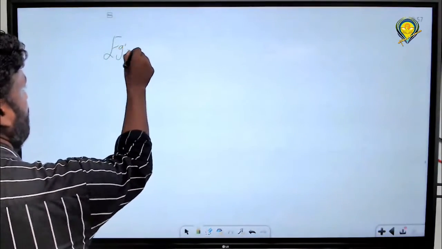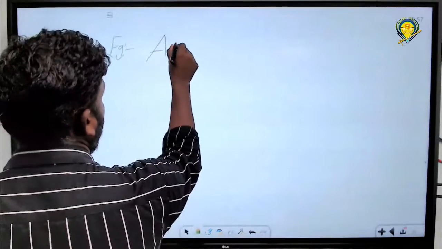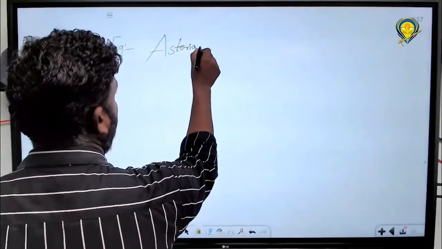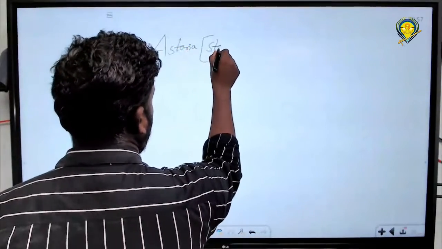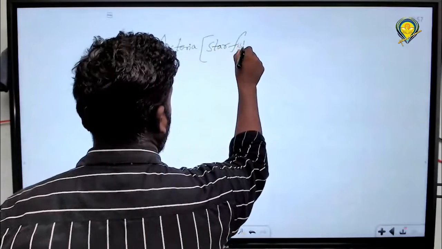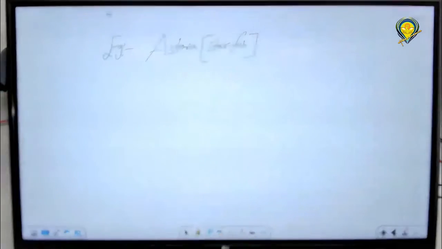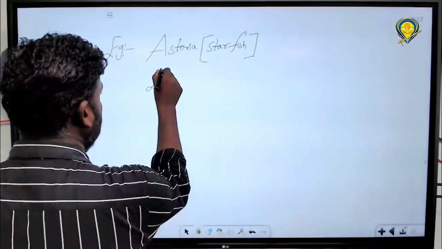First one, Asterias. Right? Next one, Echinus.